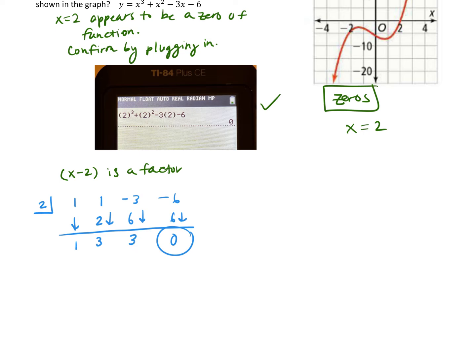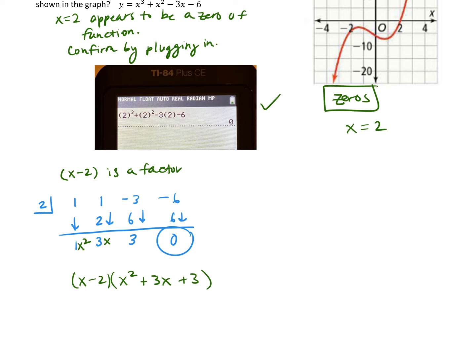This is our constant, which makes this our x to the first power, and this our x squared. So what we have just figured out is that x minus 2 is a factor, and x squared plus 3x plus 3 is a factor. x minus 2 times x squared plus 3x plus 3 gives us our original polynomial.